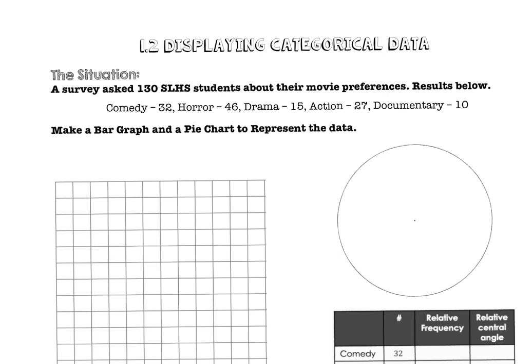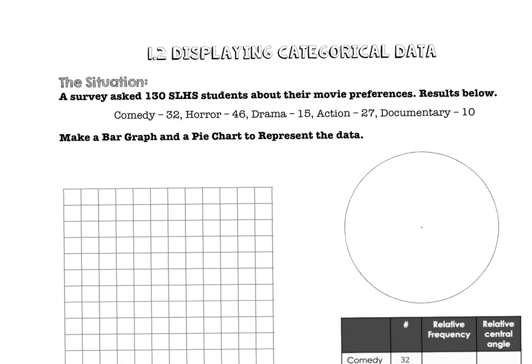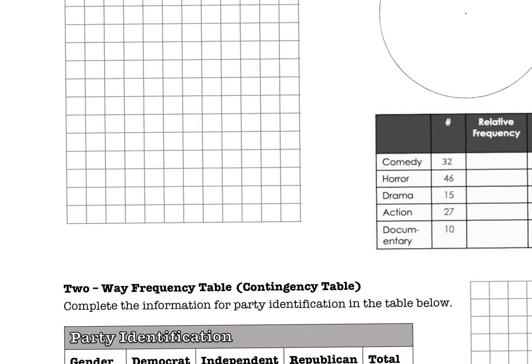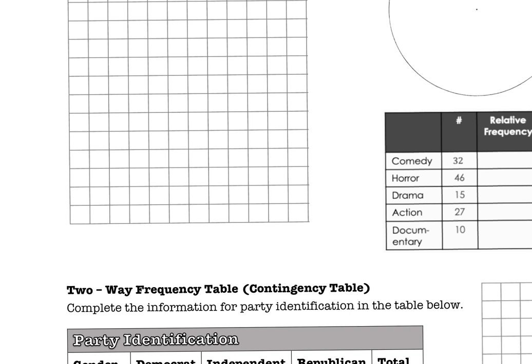If we create a bar graph of the data first, we'll have our title. I always want to know what our graph represents. For this one, the graph represents movie preference. Then along the bottom, we'll label our subjects. We'll let this one be comedy, and I'll put a C there.